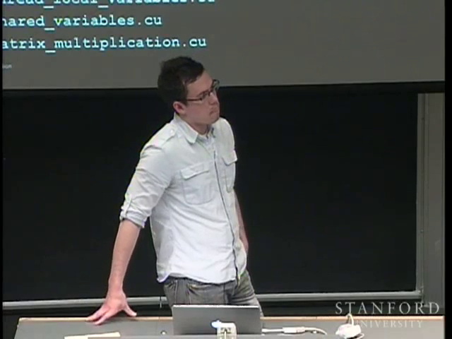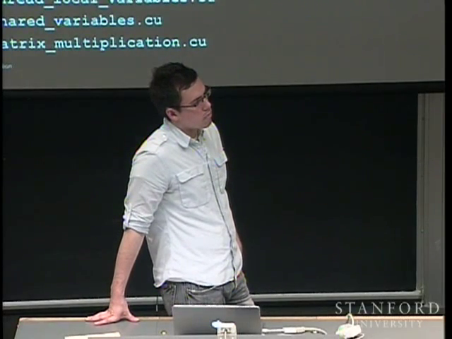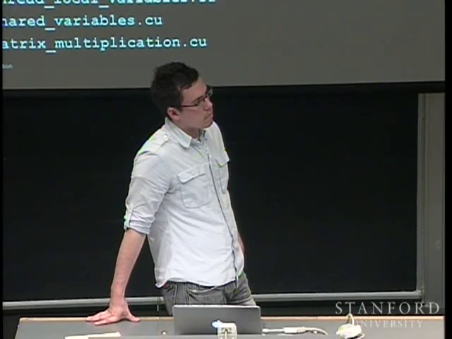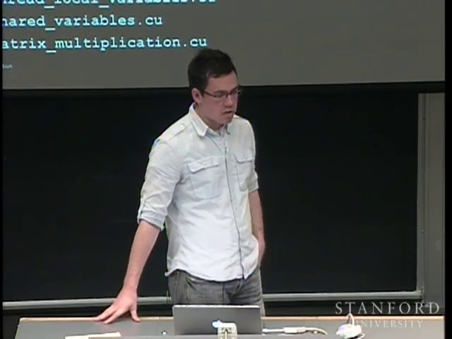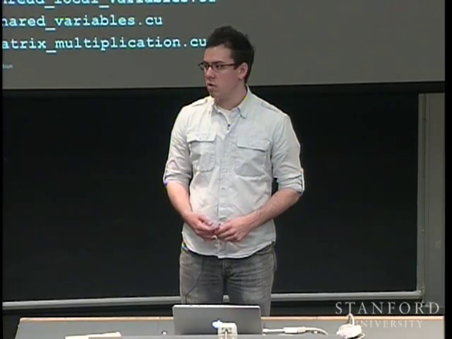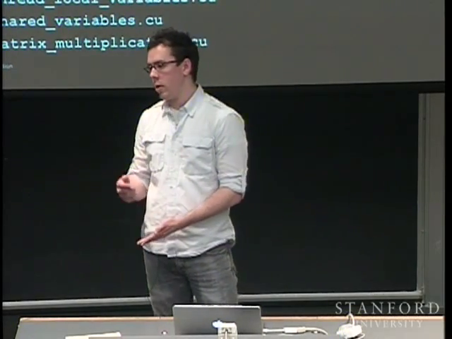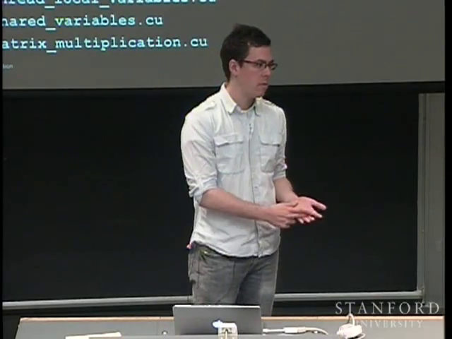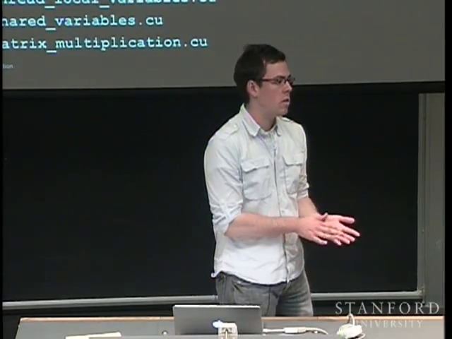Question? Is there any way to dynamically find out how much shared memory is there? Yes, so the question is, can you divine the unique constants of your GPU at runtime? Like, can you ask how many registers do I have, how much shared memory? Yes, you can definitely do that.